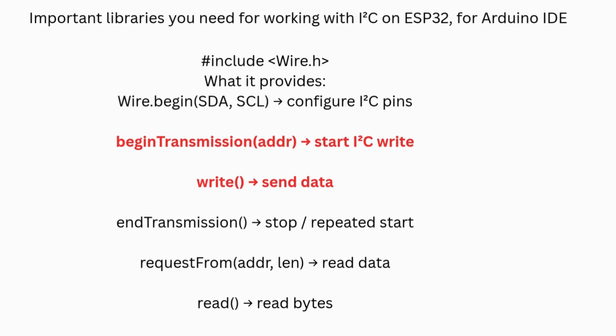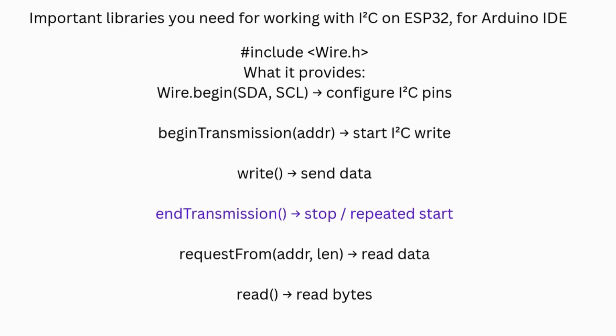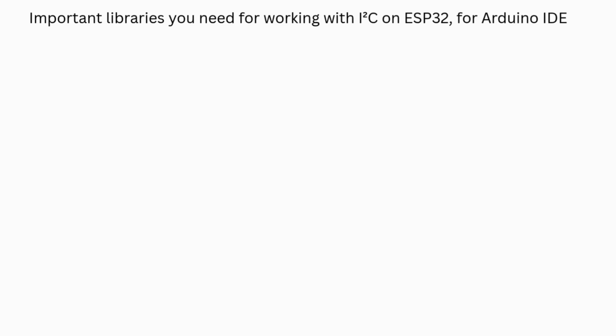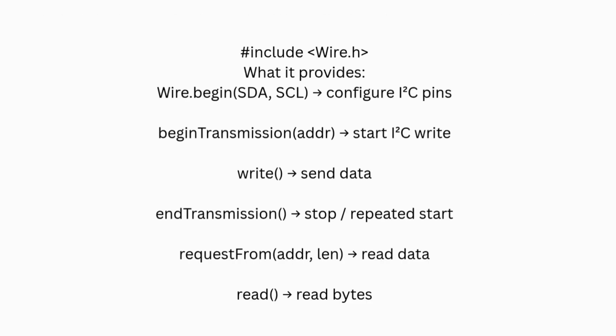Then write will send the data. endTransmission, you can stop the transmission. requestFrom, when you want to read the data from I2C sensor, you can use the requestFrom device and then you can read the bytes from it. So if you use Arduino IDE, this is the only required I2C library working with ESP32.